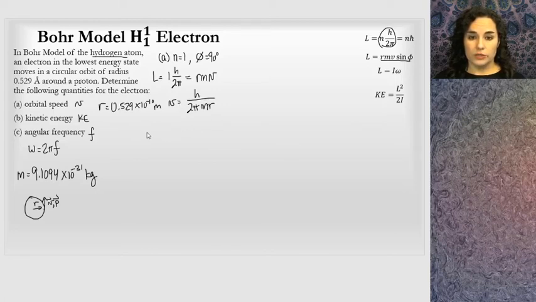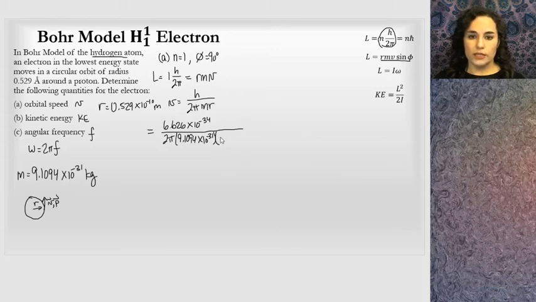I can plug values in here. I need a little bit of space because these numbers are pretty large. h is 6.626 times 10 to the negative 34th joules times seconds. I'm going to put this over 2 pi times the mass, 9.1094 times 10 to the negative 31st.